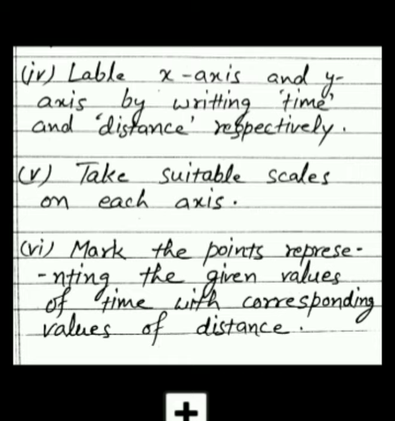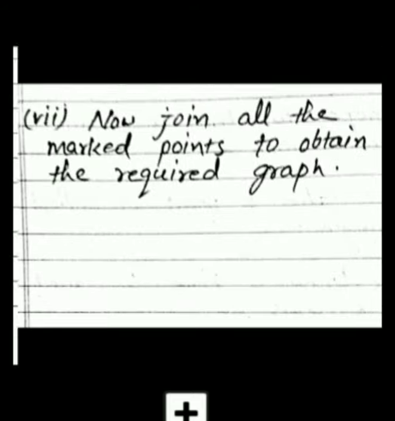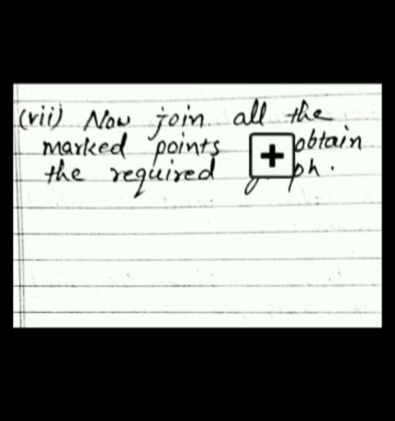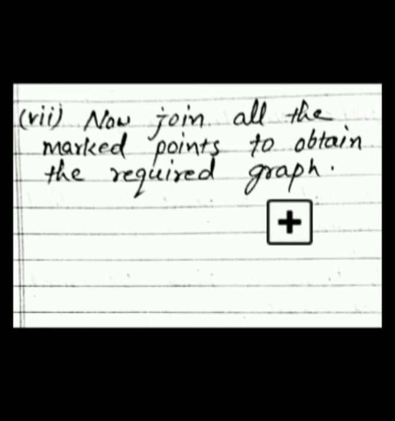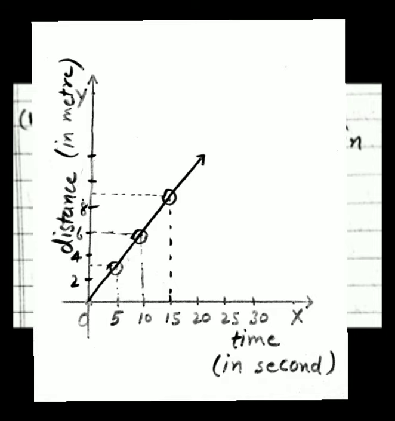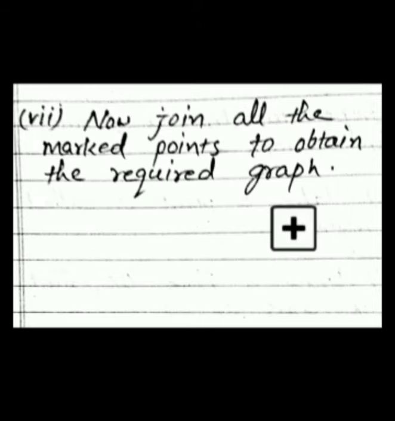The second point will represent the second time and its corresponding distance, and so on. Lastly, join all the marked points to obtain the required graph. Students, you have to join the points obtained and finally you will obtain the required distance time graph.